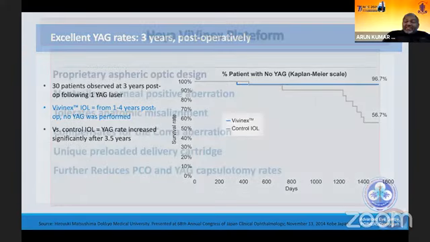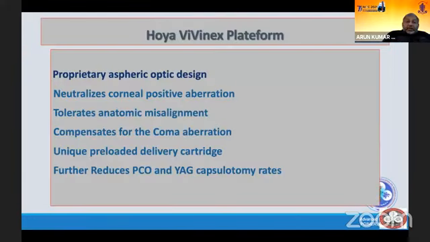Also, there are studies on record. Recently, a study in the January 2021 issue of the American Journal compared two eyes of the same patient in almost 40 patients, where they put Hoya Vivinex in one eye and another platform in the other eye. After 3 years, they found that YAG capsulotomy rates were almost half as compared to the other platform.